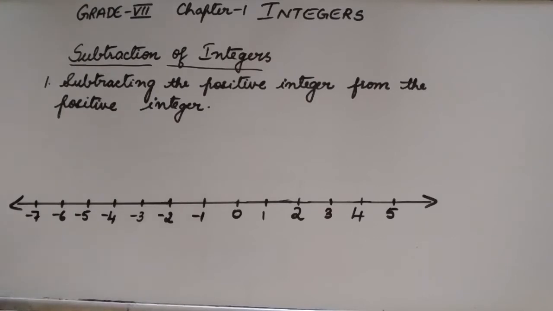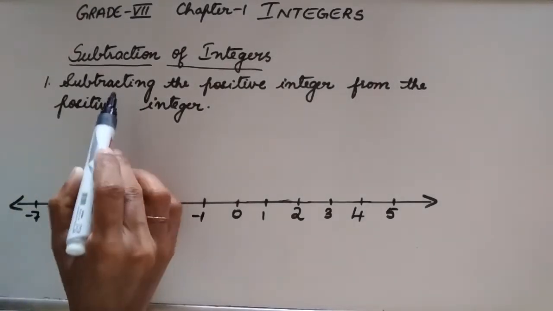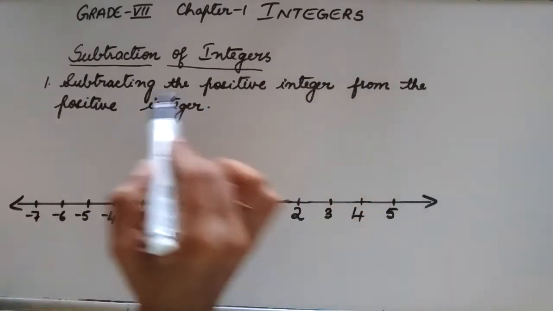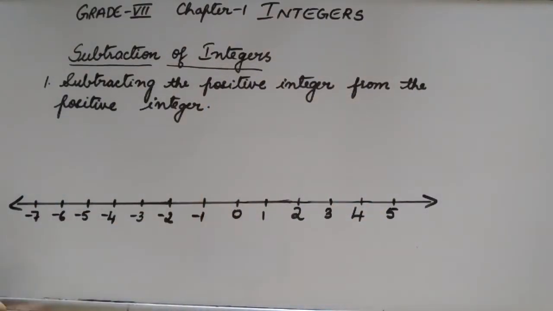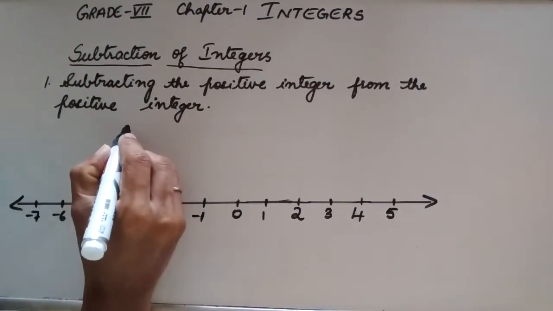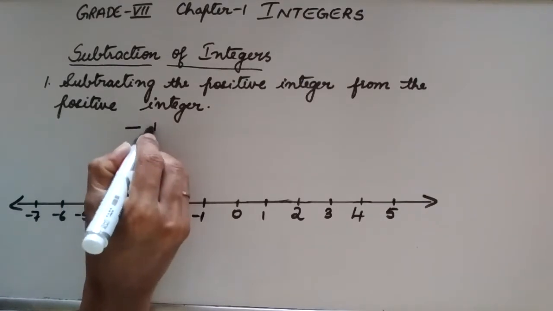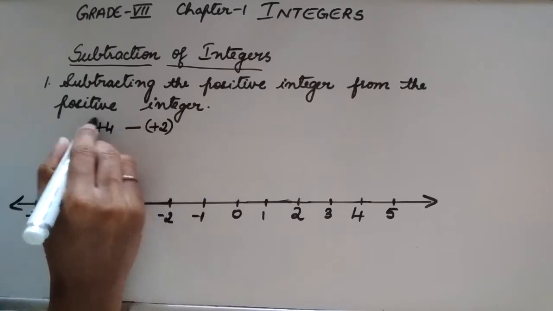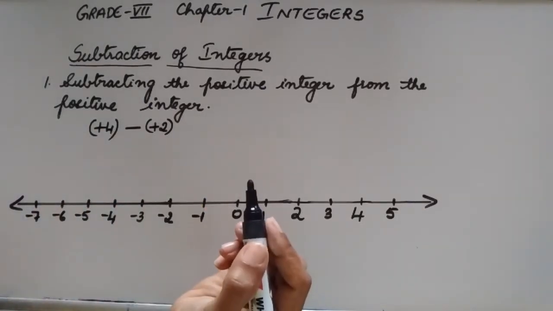Now using the number line, we have the first type, that is subtracting the positive integer from the positive integer. For example, subtracting a positive integer from a positive integer.